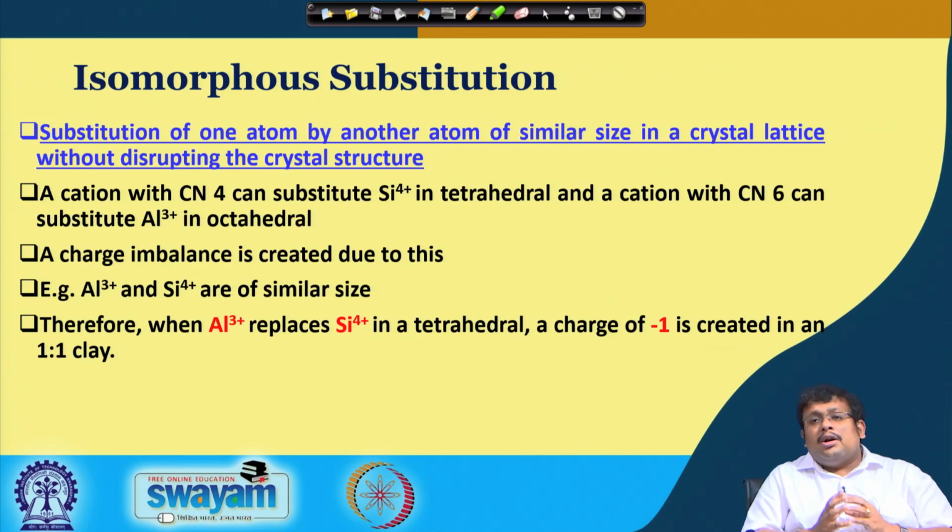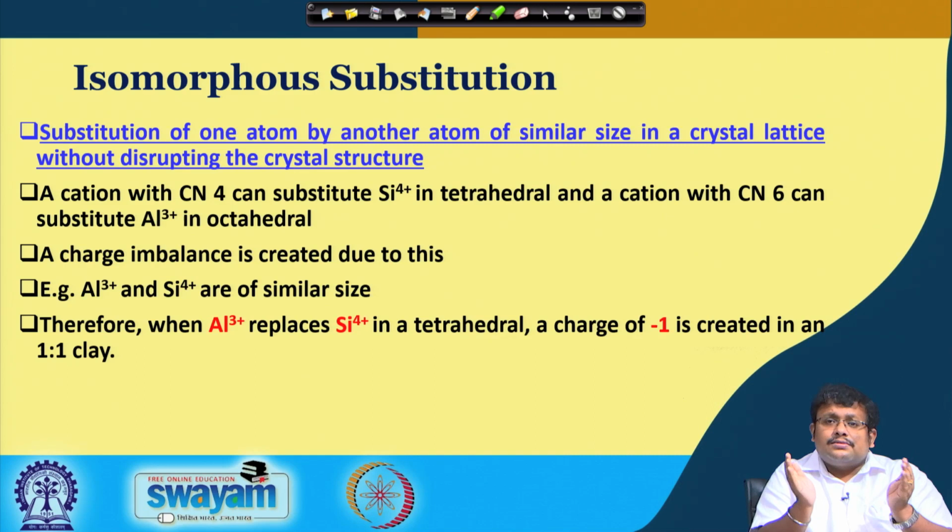Now, another important feature we want to discuss is called isomorphous substitution. Isomorphous substitution means a substitution of one atom by another atom of similar size in a crystal lattice without disrupting the crystal structure.